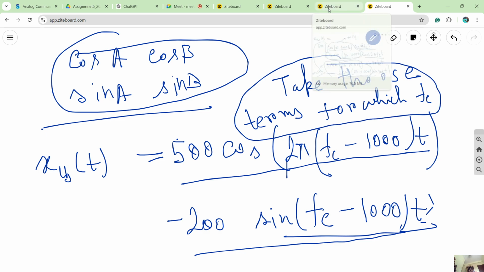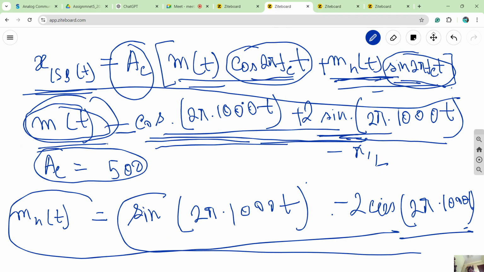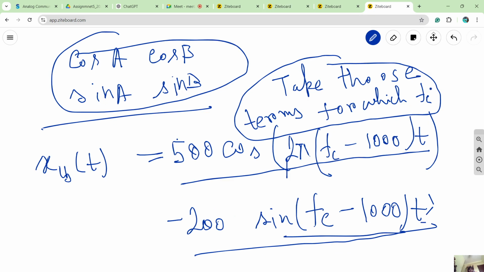Because they have asked what is the lower side band. So the center frequency is given. These will be higher side band. So you have to take the lower side band term. So any FC that is greater than that, you have to take the lower side band. So the left hand side of the FC.